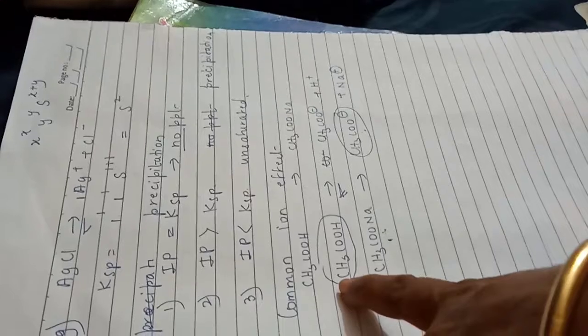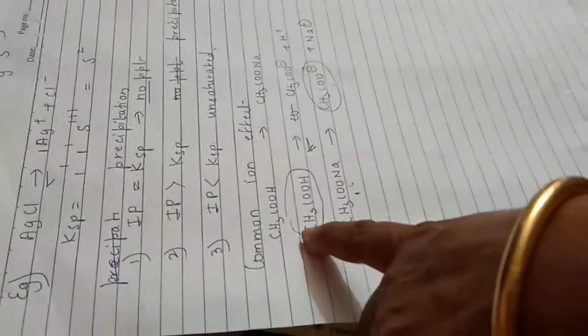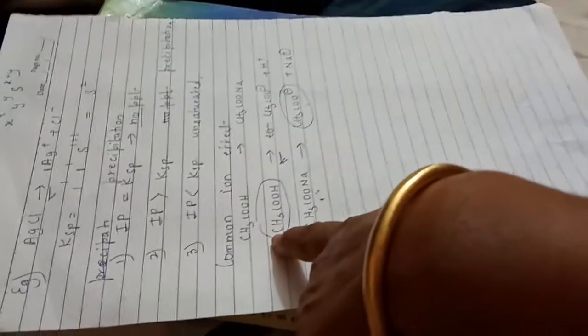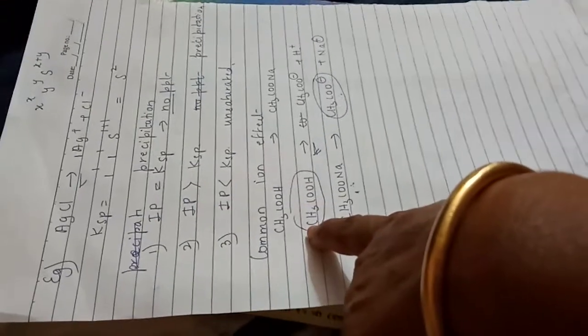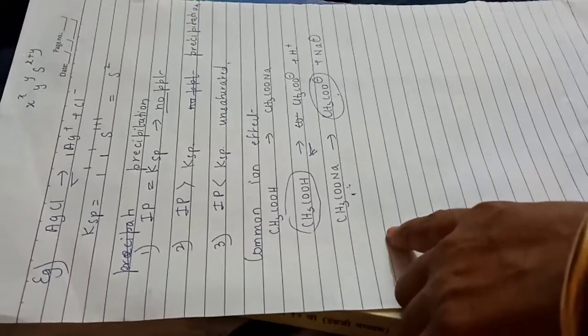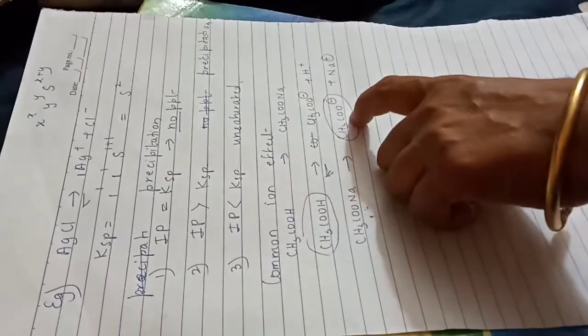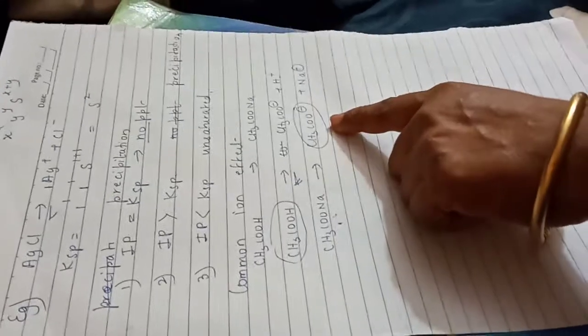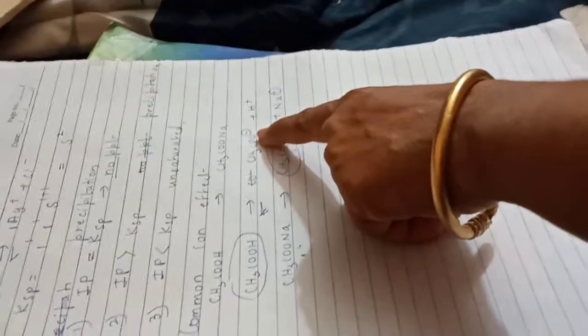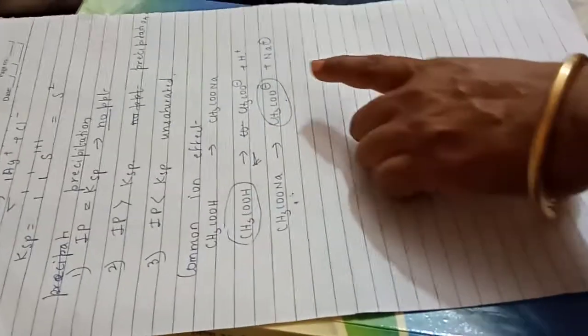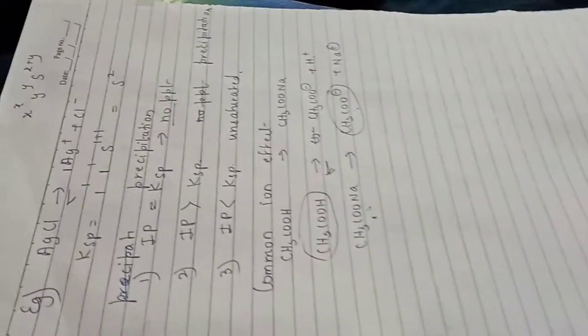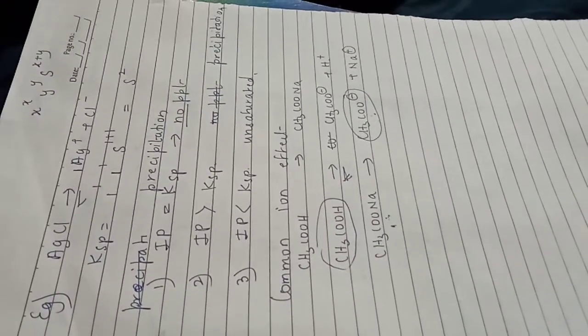Acetic acid. Its ionization is suppressed by a strong electrolyte whose ions are in common with it. The ions of the strong electrolyte and the weak electrolyte should be common with each other; only then can we get a common ion effect.